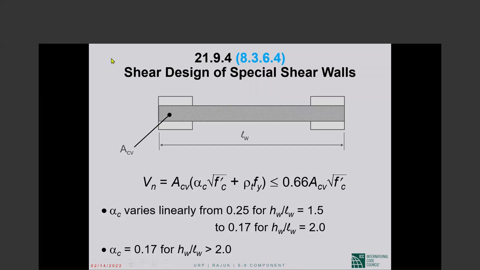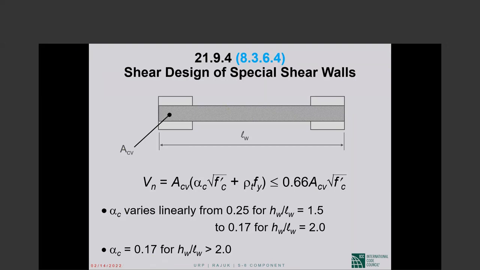But the point is that when shear is very high, if you imagine the white portion of the slide as a shear wall, imagine this as a shear wall with a point load applied at the top.